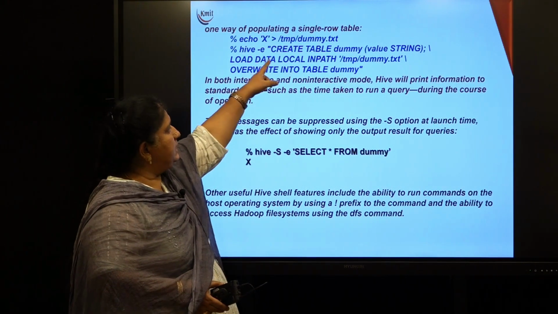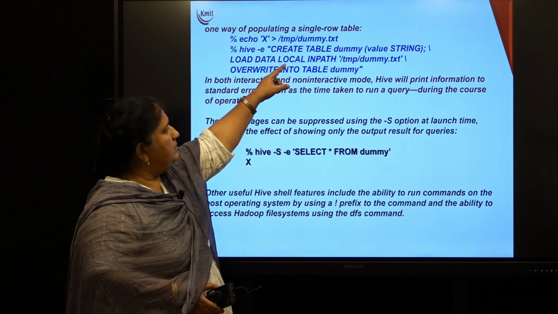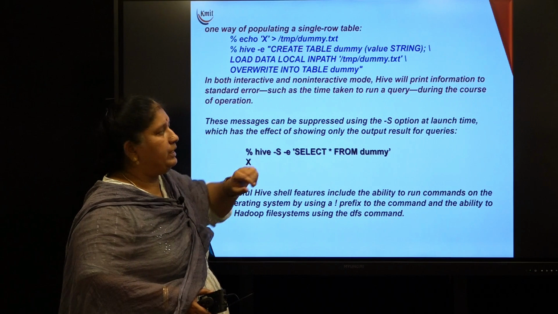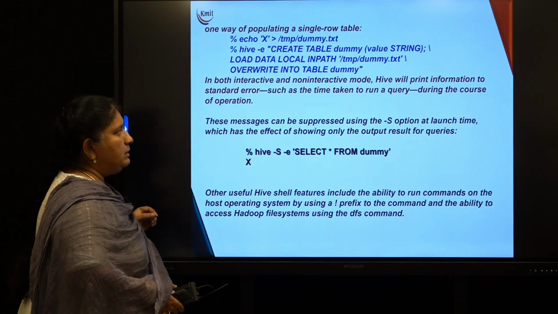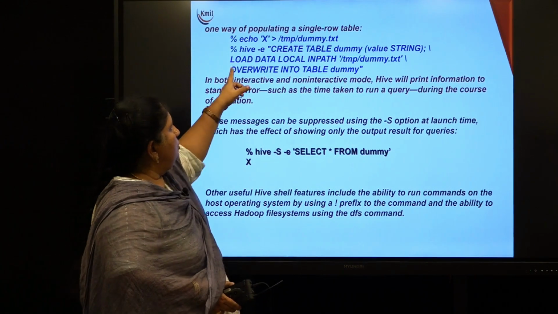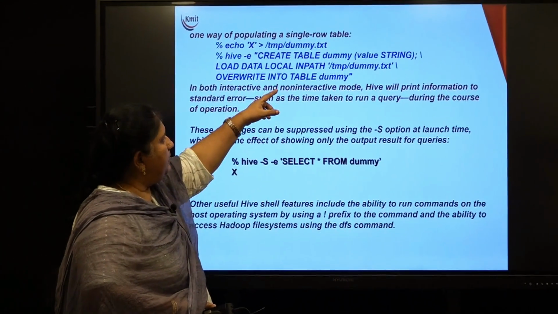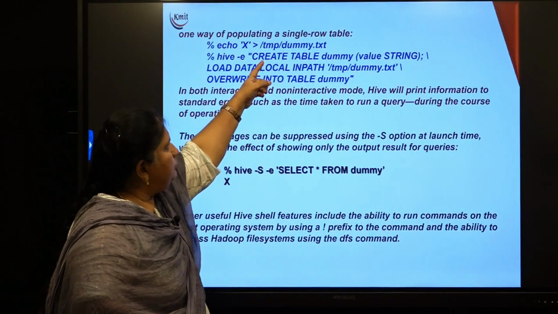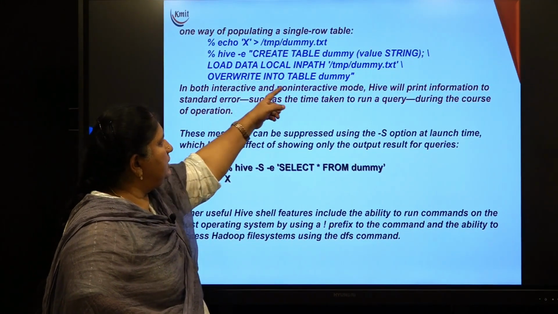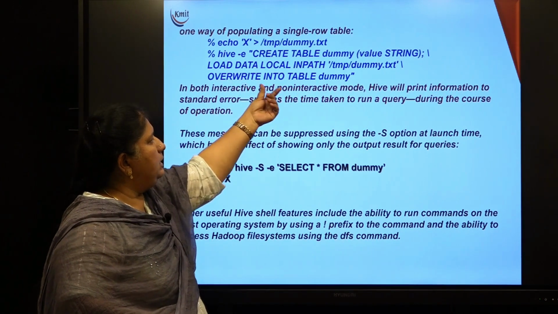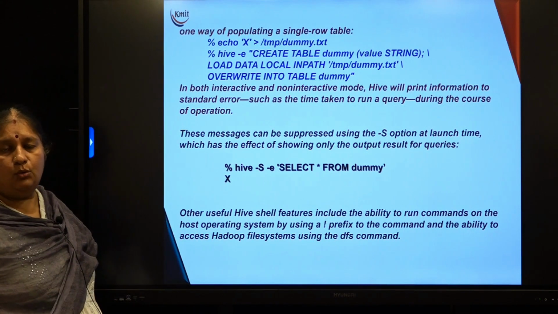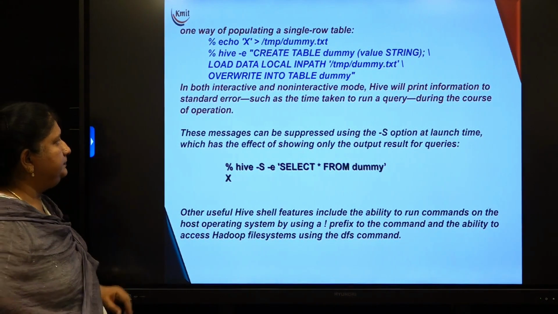The script statement is: create table dummy with one attribute called value whose data type is string. Then load data local inpath, whatever the path of this text file is, overwrite into table dummy. So whatever data previously existed will be overwritten with this file.